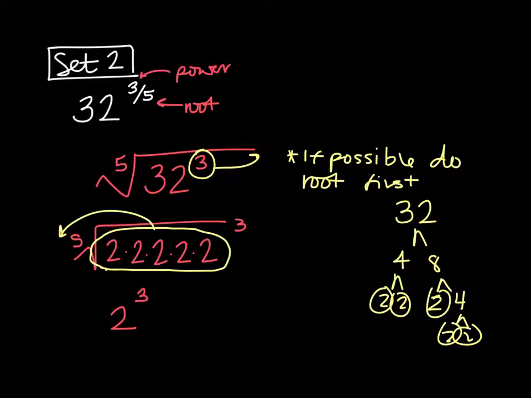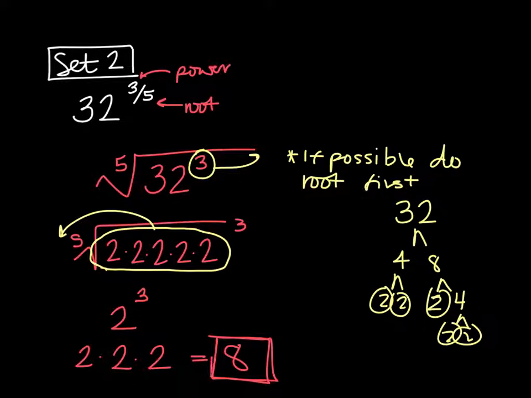I pulled out a whole number and I made it a 2, and that's something I actually know how to do. 2 to the third power is 2 times 2 times 2. 2 times 2 is 4, times 2 again is 8. So my final answer here is going to be 8.